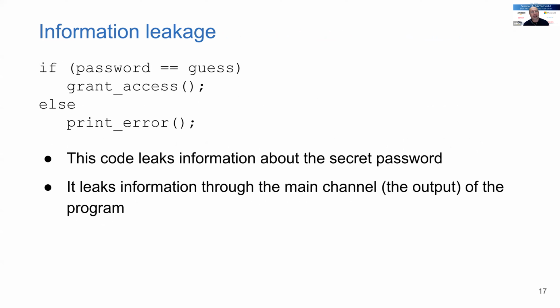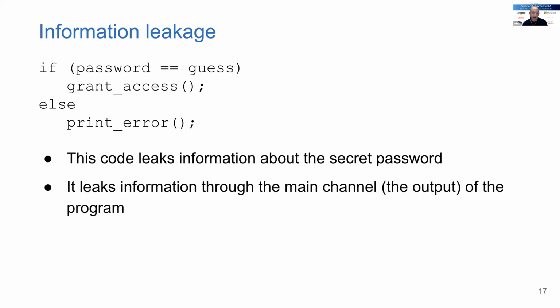It checks if, given a guess, the input from the user, and a secret password, the guess matches the password, and grants access or says error. So this is how you would implement a password checker. There's a secret password, there is an input coming in, and you need to check if the input matches the secret. If it does match, you will grant access. If it doesn't match, you will not grant access.